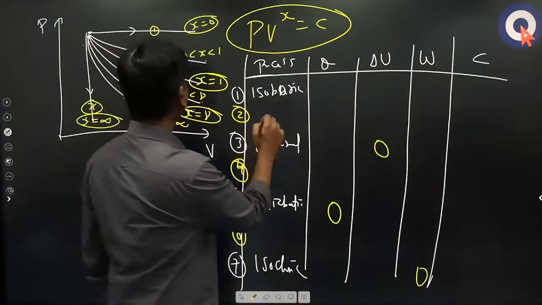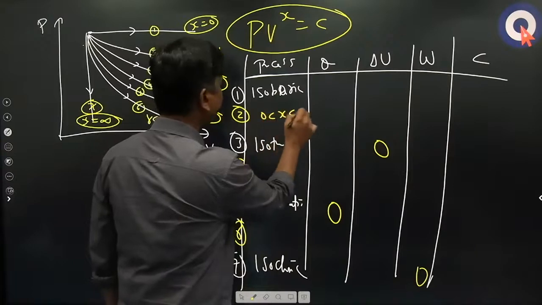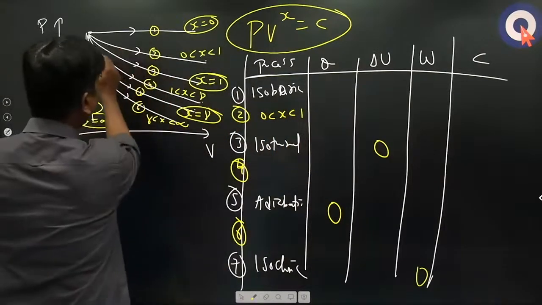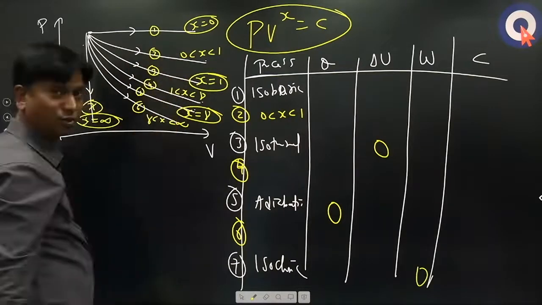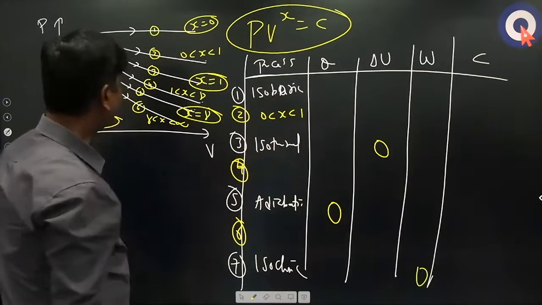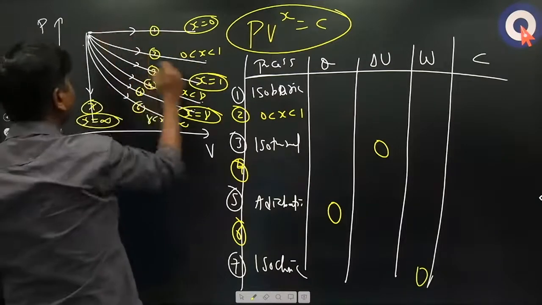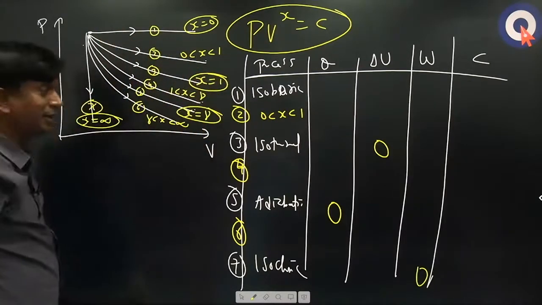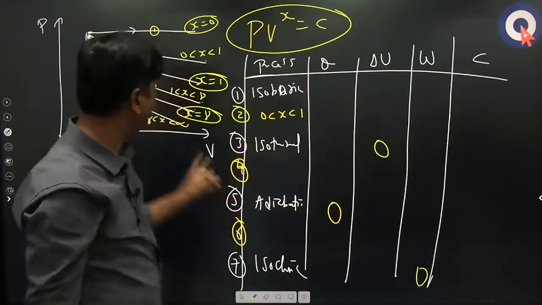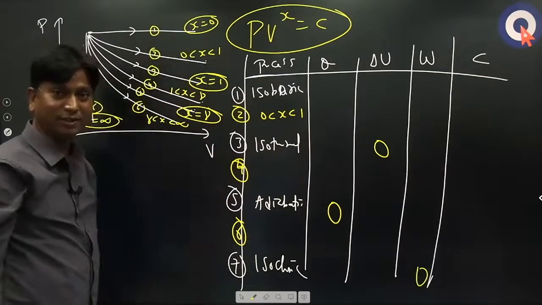Next, your isobaric and another process where x is 0 to 1. These two are above the isothermal. As I told you, isotherms are like this, so going above means definitely the temperature will increase. For these two, the temperature will increase when the volume is increasing on expansion.